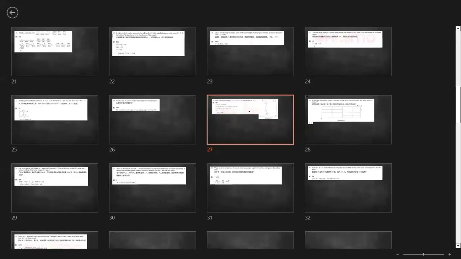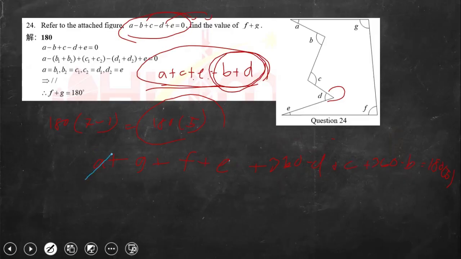So removing A, C, and E, we have B plus D. B plus D. And then the remaining ones plus G plus F plus 360. And then minus D minus B. Oh, we can also cancel B minus B and then D minus D. So we're left with plus 360 here.